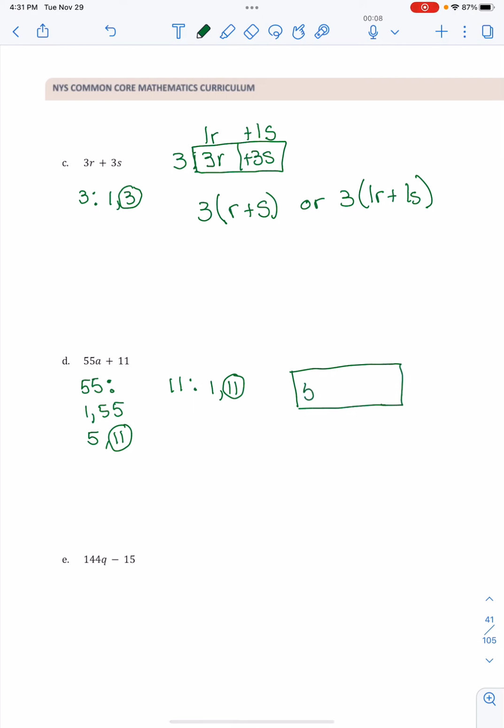So I have 55a plus 11. So I'm going to bring 11 out here. So 11 goes into 55a 5 times, and I'm going to bring up my a. 11 goes into plus 11 once. So my answer is 11 times 5a plus 1.